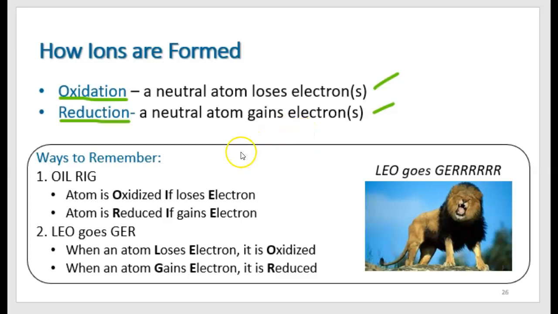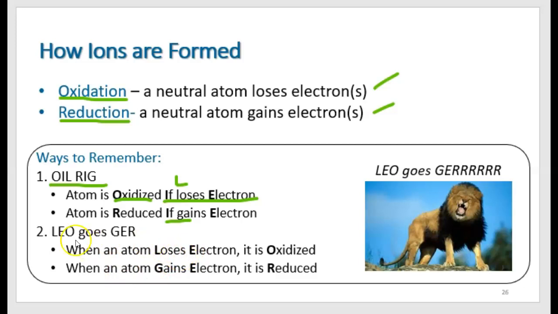But there's different ways to remember it, little tricks. One way is using the moniker OIL RIG. So when an atom is oxidized, if it loses electrons, that's OIL, oxidation is loss. And an atom is reduced if it gains electrons, and that's the RIG part.